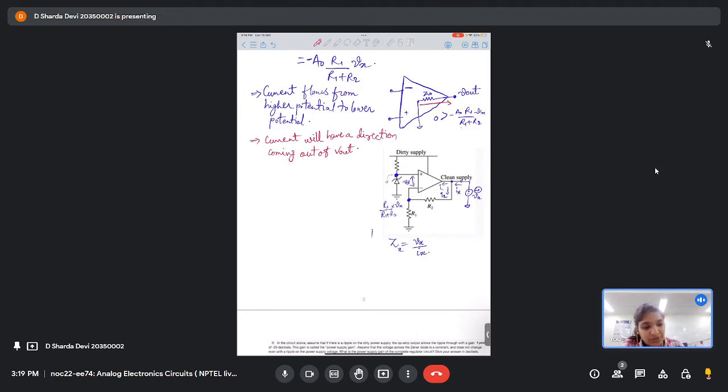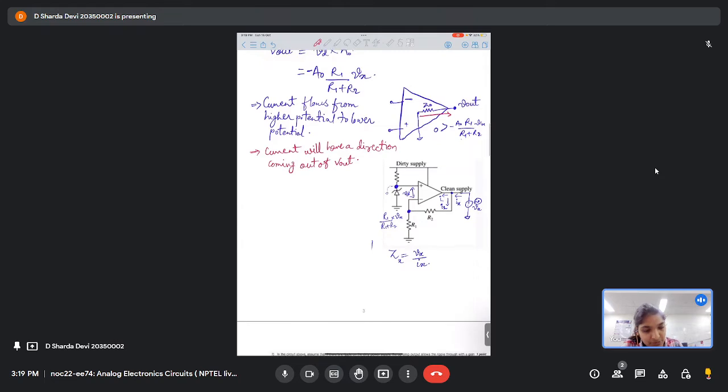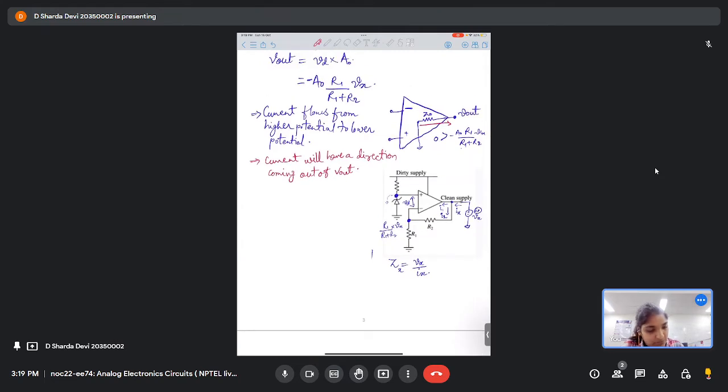So the moment we change the direction, this negative sign over here will go away. Clear?